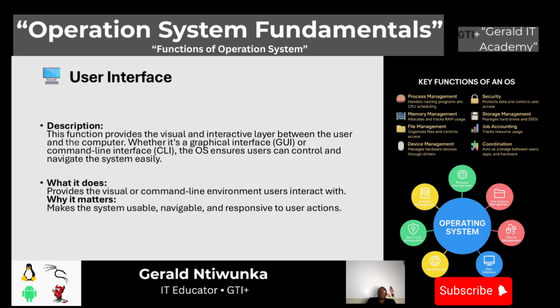It provides this graphical or command line environment for users to interact with. And why it matters, it makes your system usable, navigable, and responsive to users' actions. That is how it makes sure that your interfaces work efficiently.